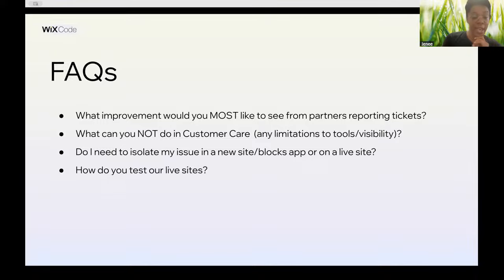Next question is, how do you test our live sites? First things first, we always ask for permission to test live sites. So, if it's something that you don't mind us doing, what I would also recommend is granting permission within the initial escalation, right? If you let us know it's okay to test beforehand, that's going to reduce the correspondence from our end, and we can go ahead and do so.